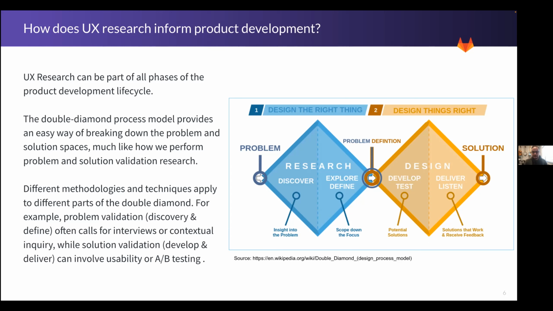Of course, we're involved as researchers, but we primarily are involved in problem validation, and a whole variety of methodologies can be used in different parts of this double diamond. But basically, UX research in some form or another can be involved throughout the whole process.